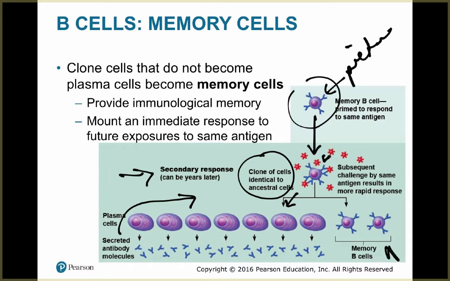And then we have additional memory cells because we know, okay, this could be a problem in the future. Now we've seen it a second time. Let the secondary response be quicker from here on out, just like it was this time.